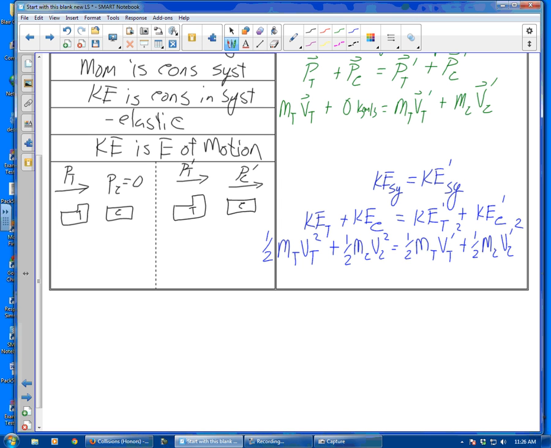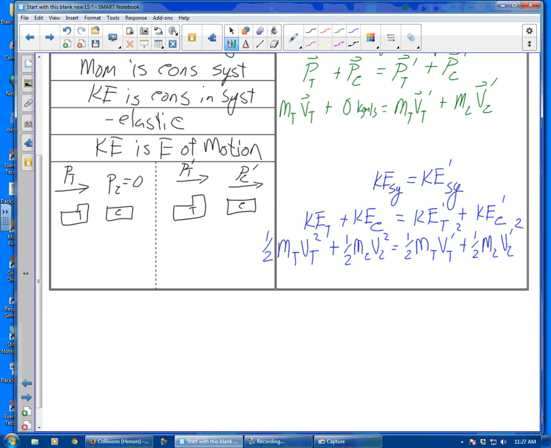Hopefully, mathematically, you notice there are some things that can cancel out. There's a 1/2 term in every part, so those can all disappear. Also, since VC is 0, VC squared would be 0, and so that whole term becomes 0.